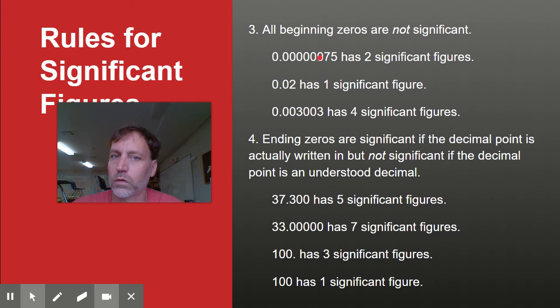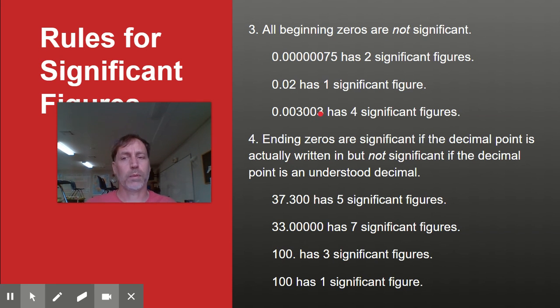Okay, this only has two significant figures, all right? This one right here is 0.02, it only has one significant figure because all the zeros are to the left of your non-zero number. Now this one right here, these zeros won't count because they're in front, they're to the left, or they're in the beginning. But these zeros right here will count because they're in between these two threes, which are non-zeros, okay?